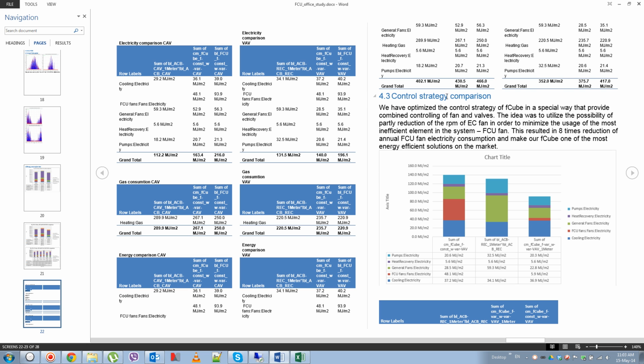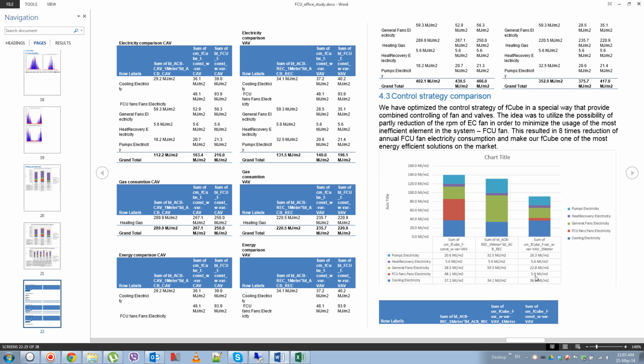And we also noticed that the biggest contributor to annual energy consumption in a system with fan coils with standard control strategy is the fans of the fan coil because of their inefficiency, and we could program another control strategy for the fan and reduce its consumption nearly 8 times, as you can see here. In the standard control strategy, it was 48 megajoules per square meter.